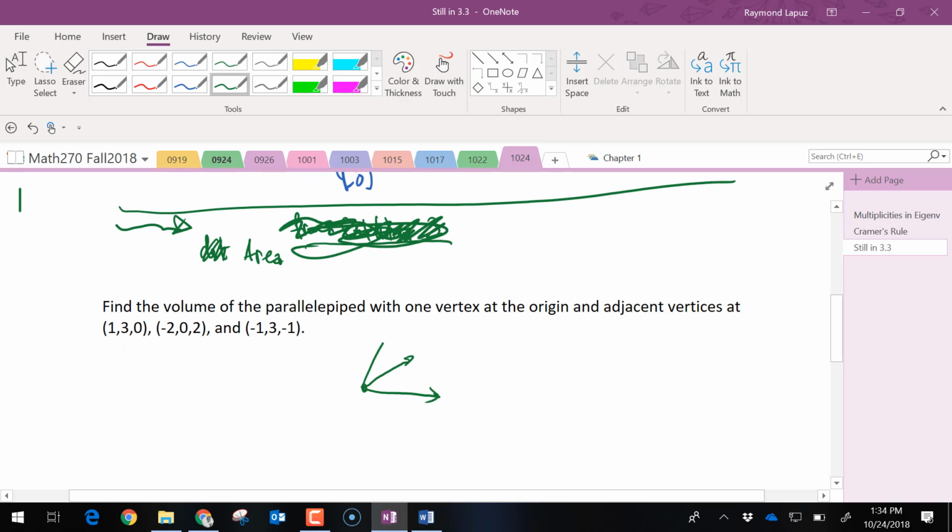A parallelepiped is defined by essentially 3 vectors, just like a parallelogram is defined by 2 vectors. What we can do is take 2 of them and create a 2-dimensional parallelogram, and then extend that to the third one.